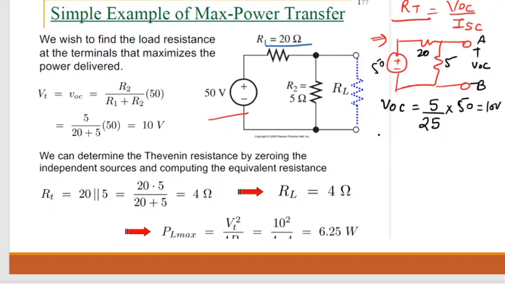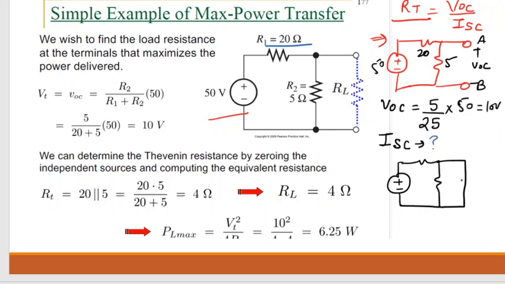Okay. Now calculate ISC. If you remove the voltage, then there will not be any source, and if there is no source, then there will be no current flowing. Yes or no? Now calculate ISC.